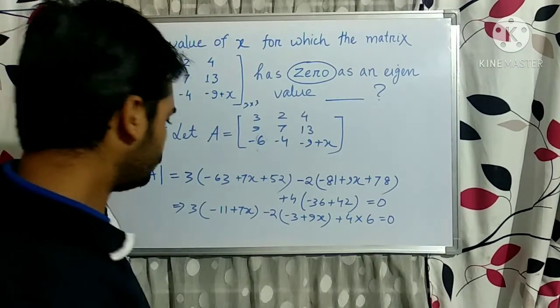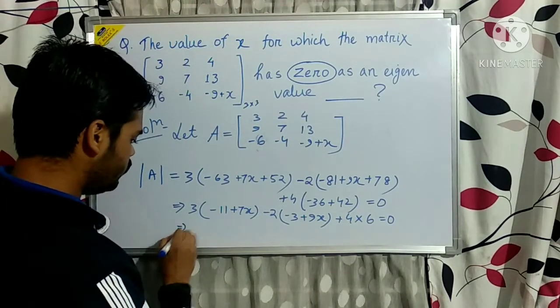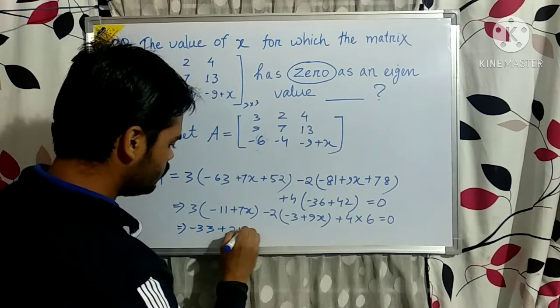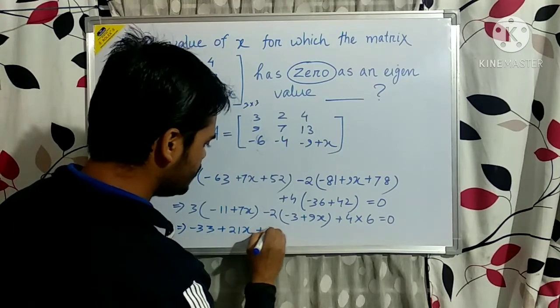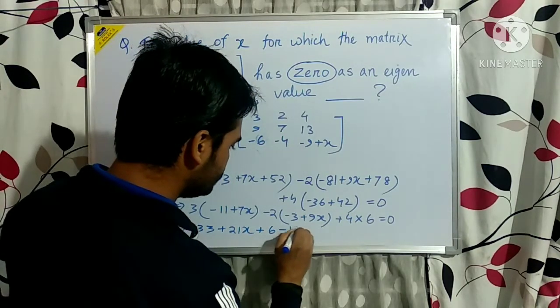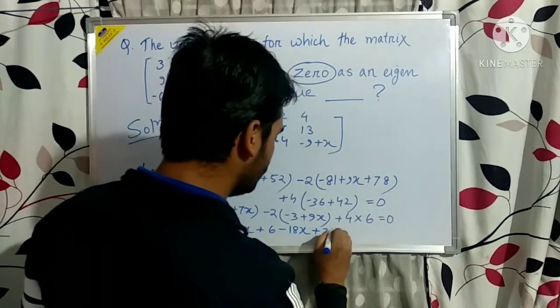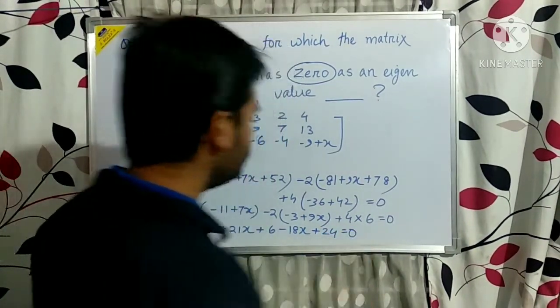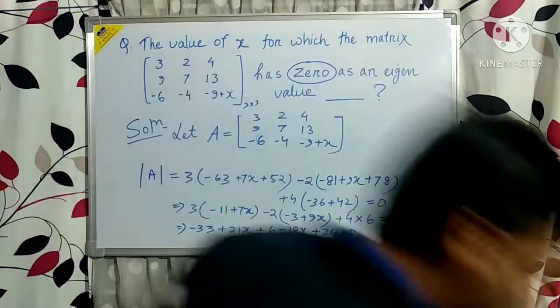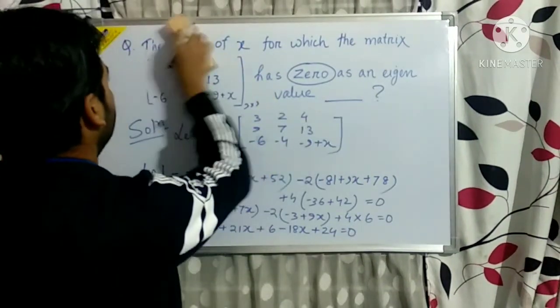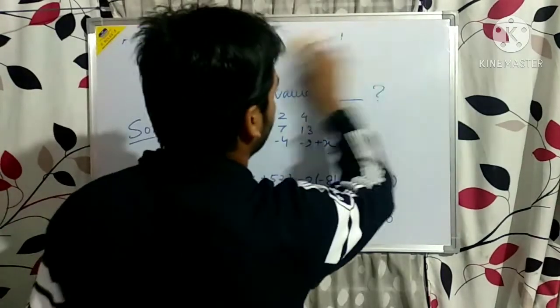Now it will be minus 33 plus 21x plus 6 minus 18x plus 24 is equal to 0. I hope you wrote the equation.